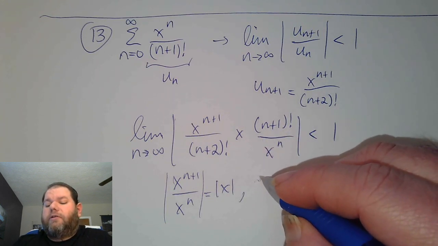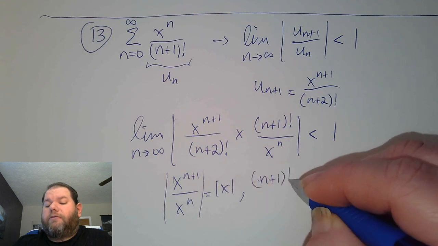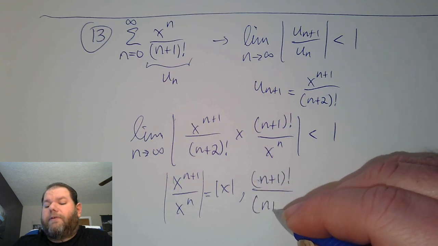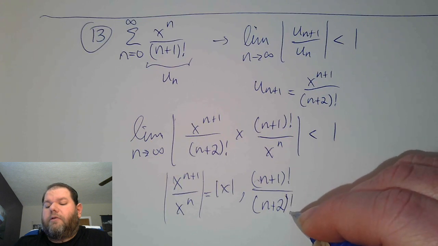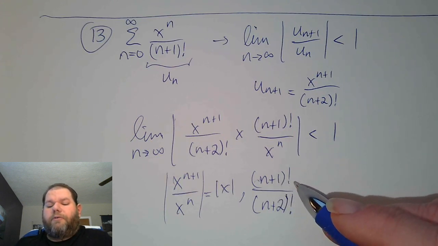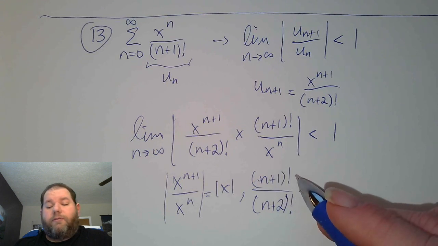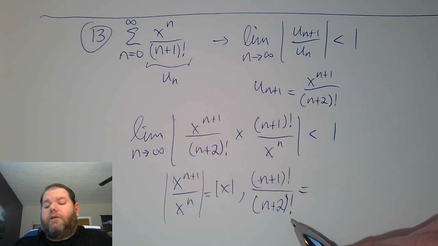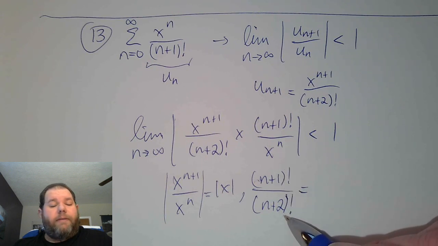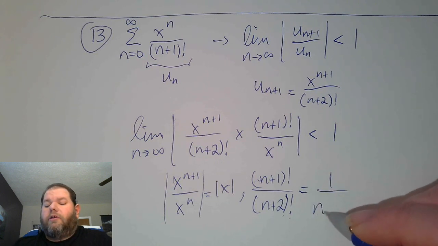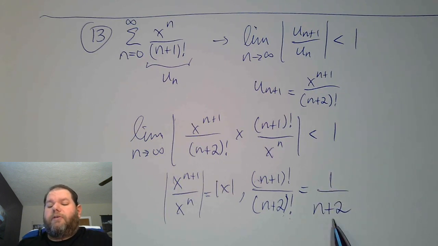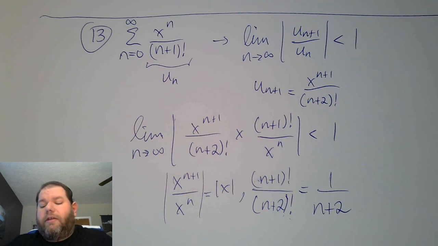And then n plus 1 factorial divided by n plus 2 factorial. Again, n plus 1 factorial gets all the numbers from 1 to n plus 1 multiplied together. And the denominator has all the same values, but then it goes one step further, after n plus 1 to n plus 2. So we only have that one additional term on the denominator, n plus 2, that won't be canceled out. Everything else will cancel out.